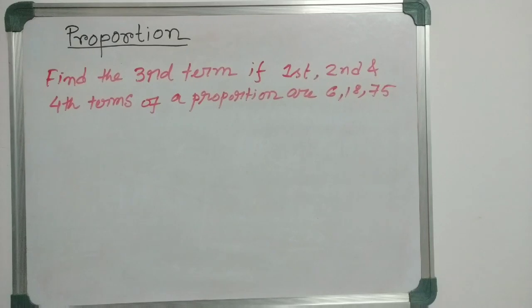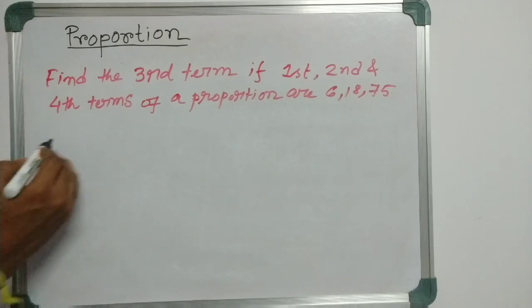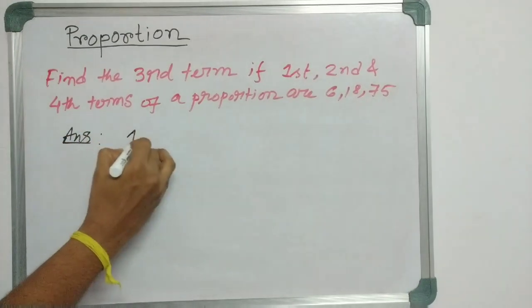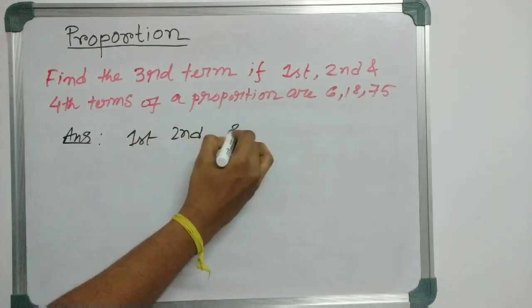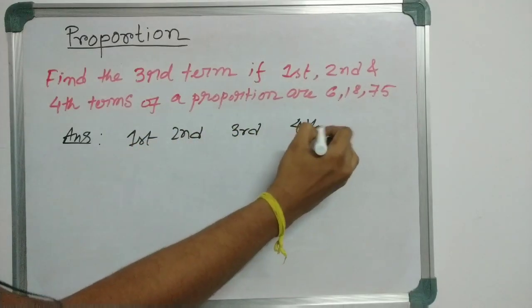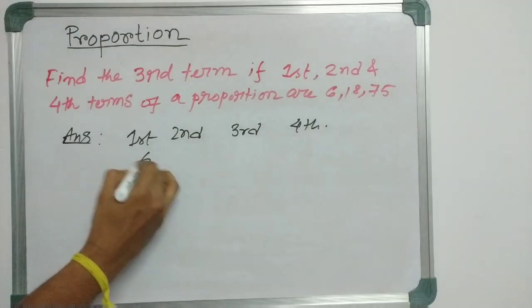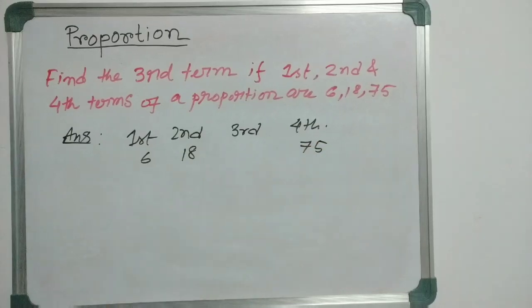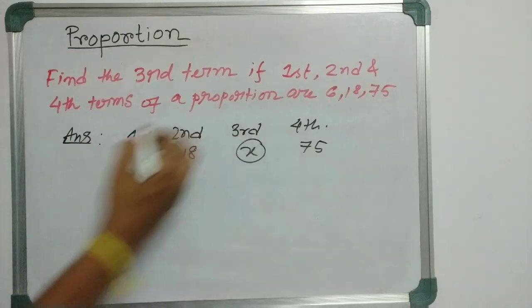So let us go for another problem. Find the third term if the first, second and fourth terms of a proportion are 6, 18 and 75. So here first, second, third, fourth. The first term is 6, the second term is 18, sorry, the fourth term is 75. Now the third term is missing. So let the third term be x.